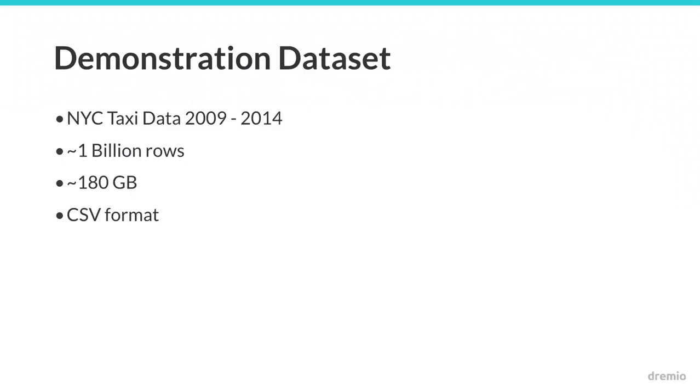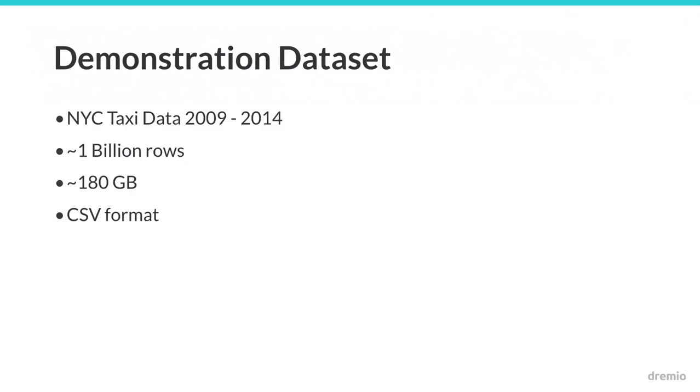This data set contains about 1 billion rows, which corresponds to about 180 gigabytes of data, and it's in the CSV format. And a CSV format is not a very efficient or performant way to store the data.